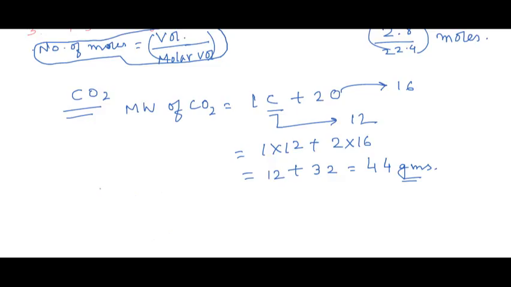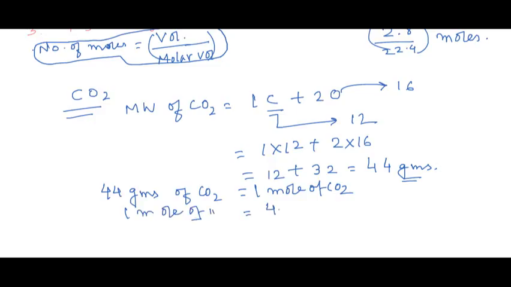So again, 44 grams of CO2 is equal to 1 mole of CO2. So if I write it on the other hand, 1 mole CO2 is equal to 44 grams.